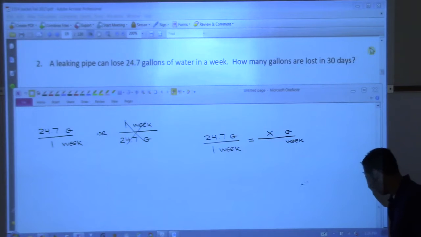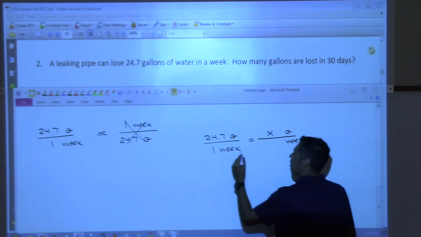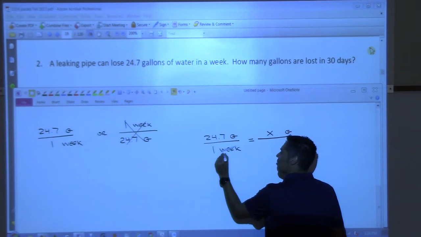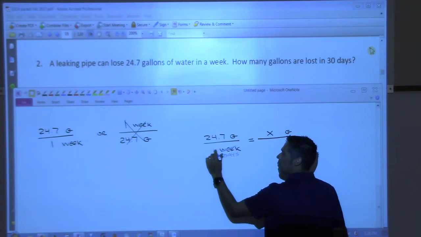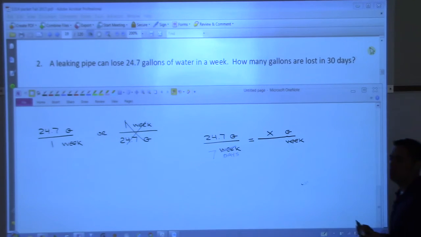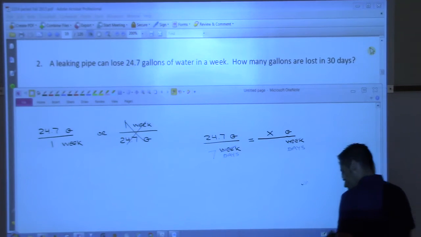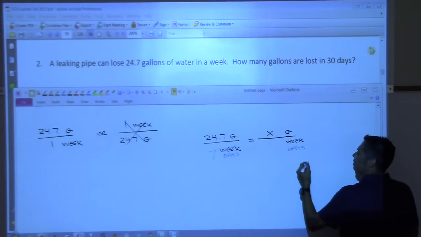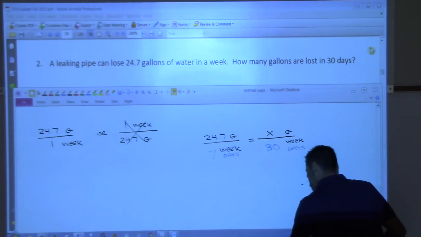Let me change this. That's a little tricky, right? You have to be careful. Let's change this into days. And we would need to change that to 7, wouldn't we? And now this would be changed to days. This marker's terrible. And this would be 30. That one's not so great either.